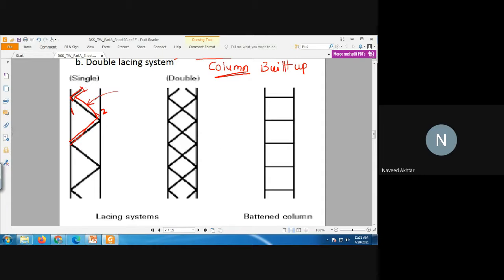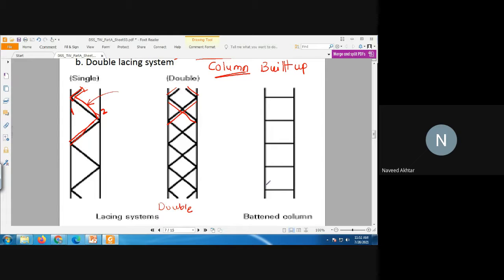When inclined bars are used to connect these two columns, this is called a lacing system. If you connect only one bar, then that is called a single lacing system. If we connect two bars at the same place, you can see here two bars are there, then this system is called a double lacing system.